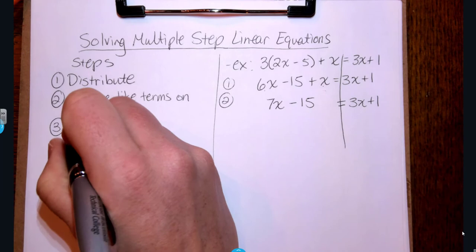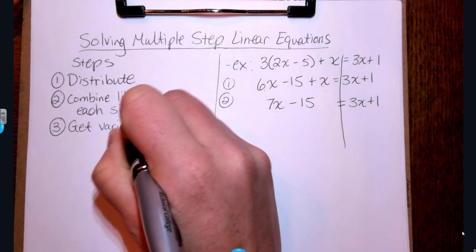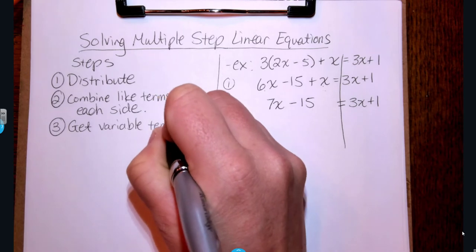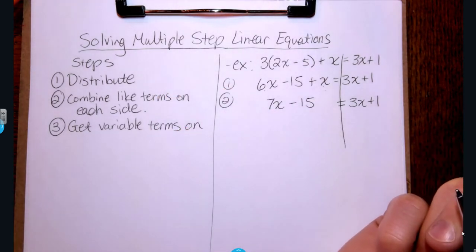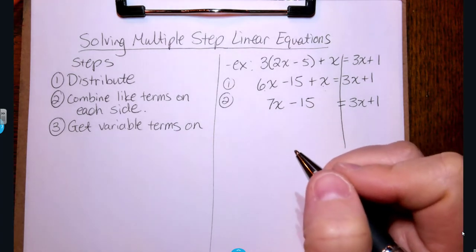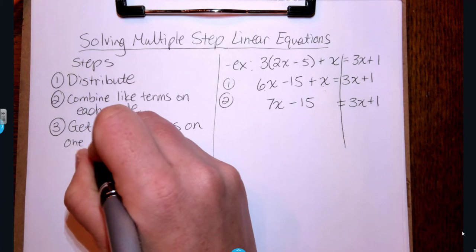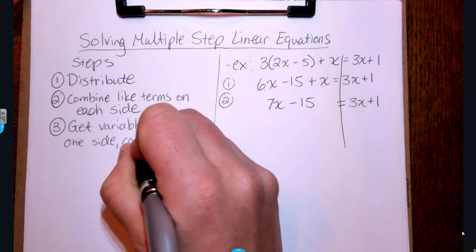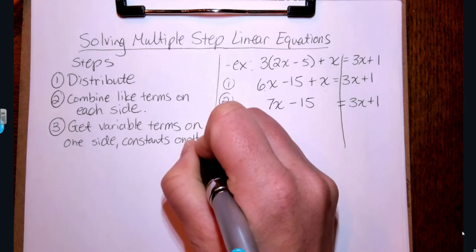So I want to get the variable terms on one side, and then the constants on the other.